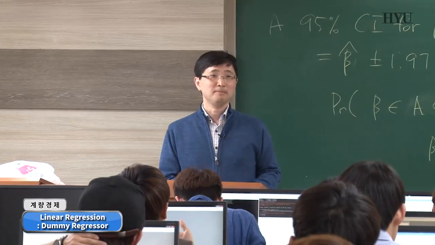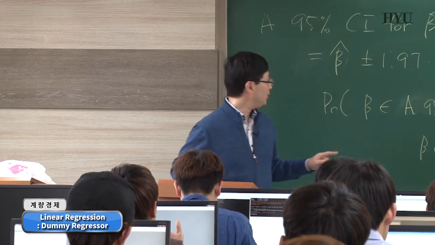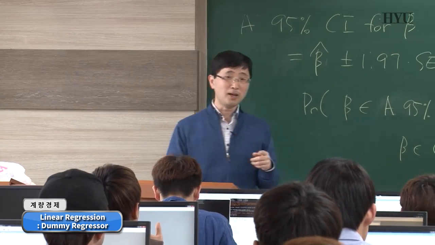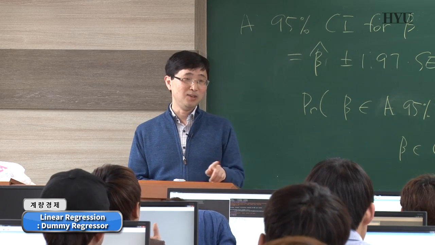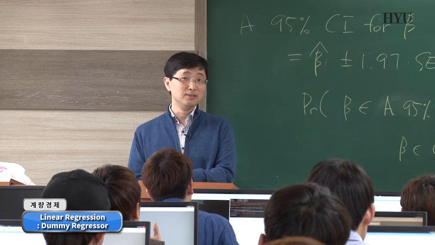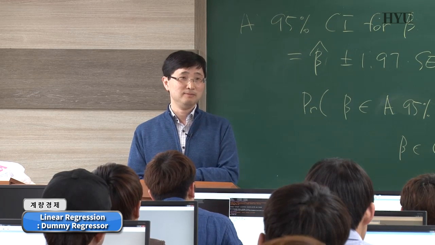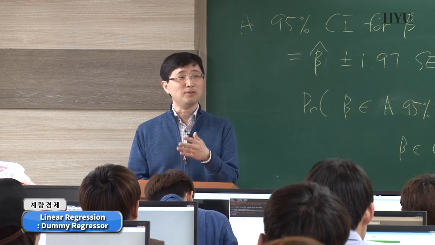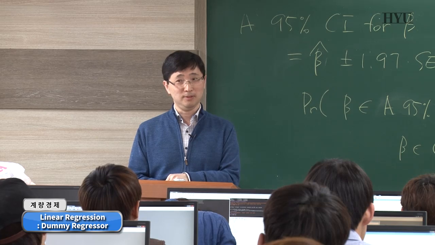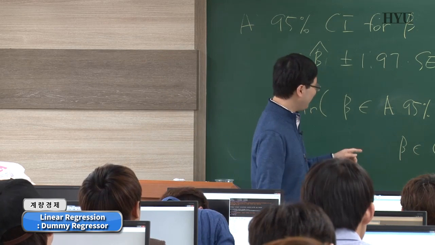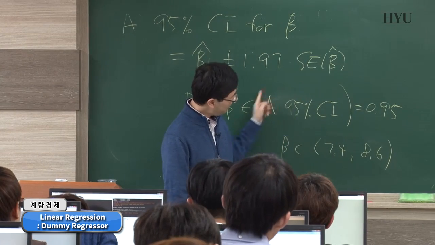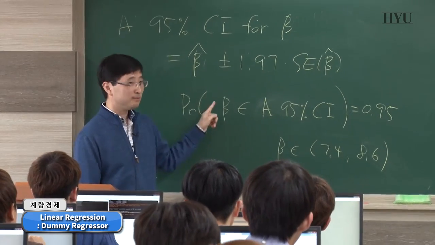Okay? And sometimes you get the true effect inside, and sometimes you don't. So what's the frequency that you get the true effect inside of your confidence interval if you repeat this many times? So that's approximately 95 times out of 100. Okay? So again, it's kind of a little point, but the randomness is coming from here, not from here.